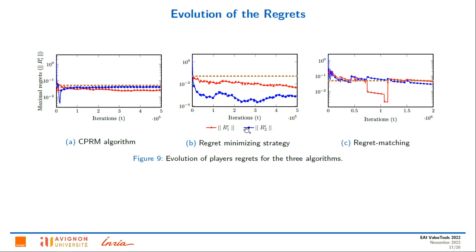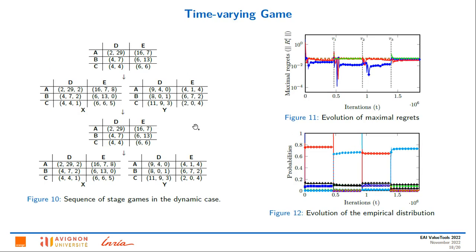The last experiment we conduct is on a time-varying game, because in the initial setting we assume that the game played does not change with time, but we propose an adaptive version of CPRM that is able to deal with these changes in the game.